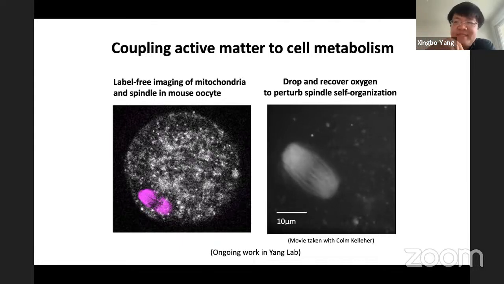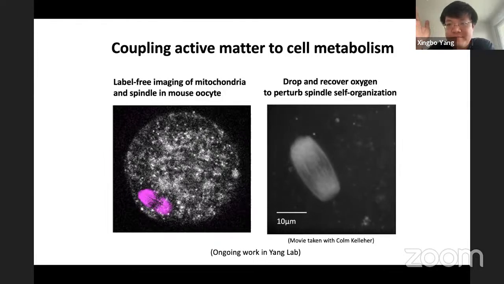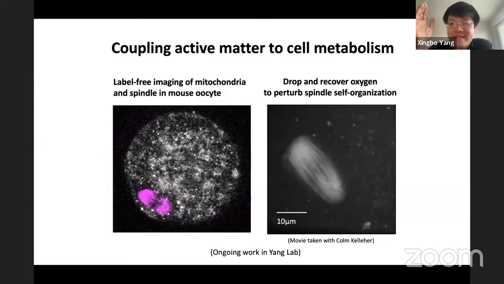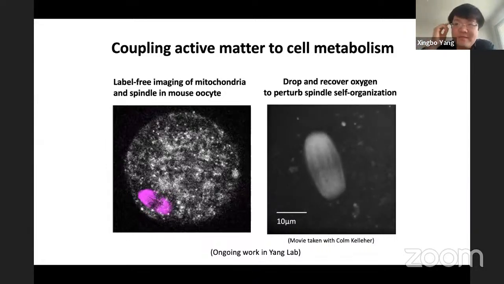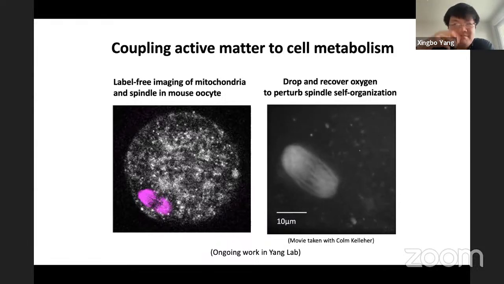In this case, this particular movie is slightly slow, but it's still 1 to 2 hours; the drop is about 1 hour. I can do it faster. I've done it faster, where I can literally drop within 5 minutes, and they just respond within that time scale, 5 to 10 minutes. And I suspect that on this time scale, the HIF response is probably not relevant.